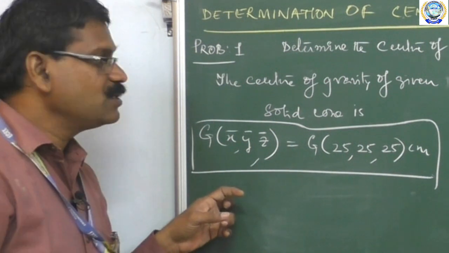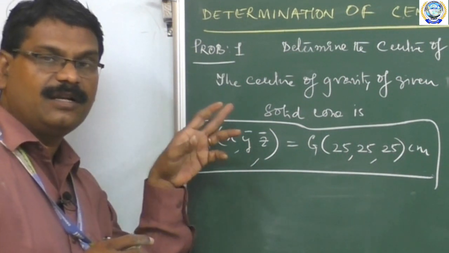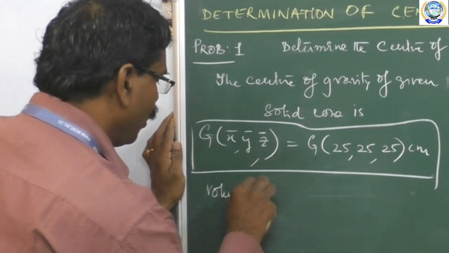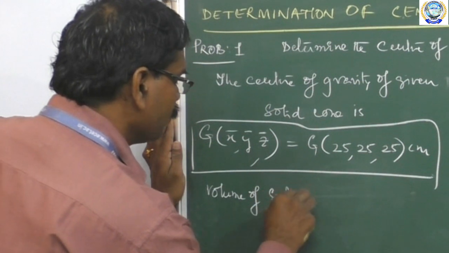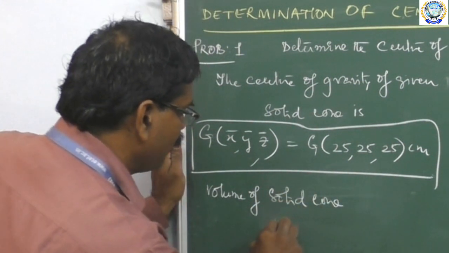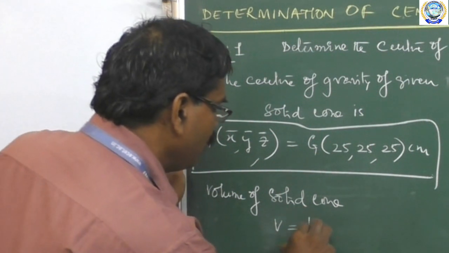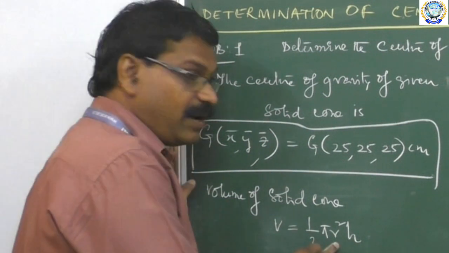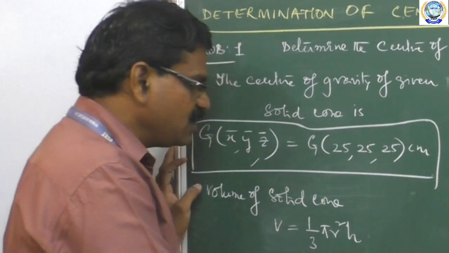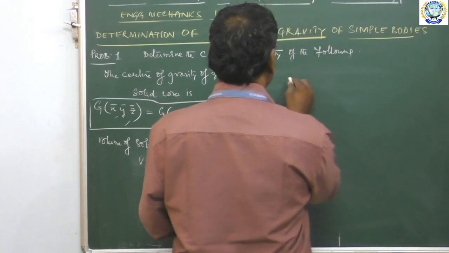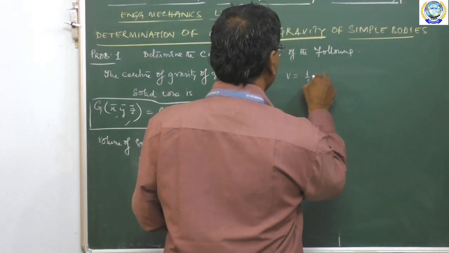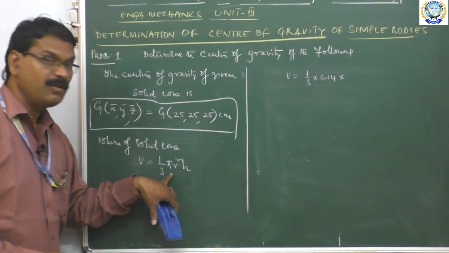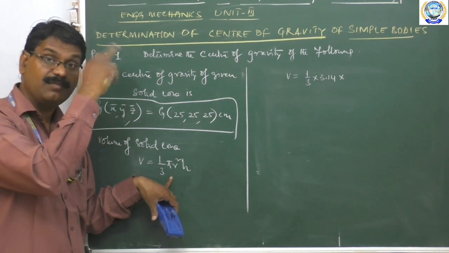Did you understand here? The first one was the solid cylinder, the second one is the solid cone. Now, for the volume of a solid cone, we have a standard formula. V is equal to 1 by 3 pi r square h. Bring the values of radius and height and substitute in this formula. That implies V is equal to 1 by 3 into 3.14 into, here in this formula radius is there, but in the diagram we have been given the diameter.